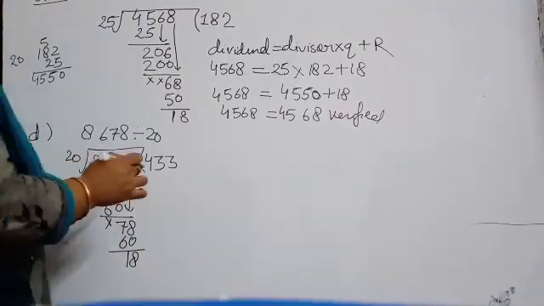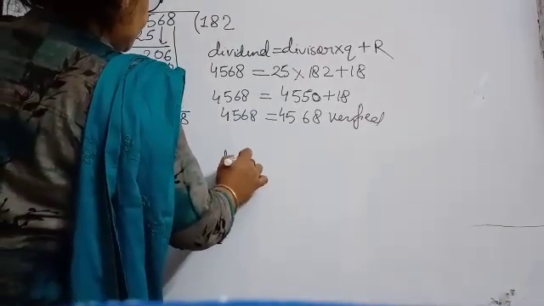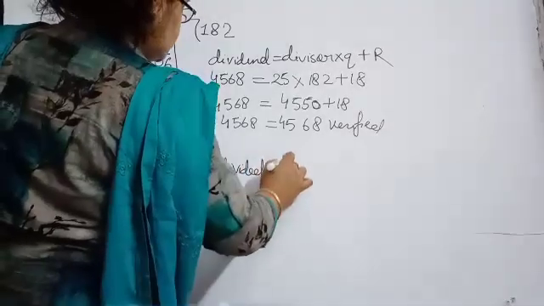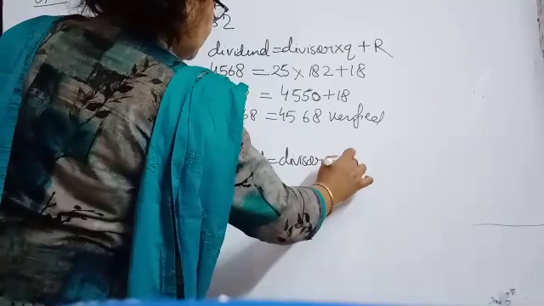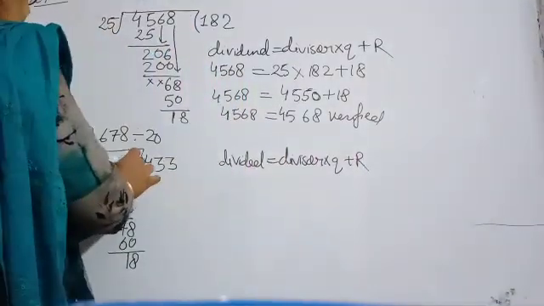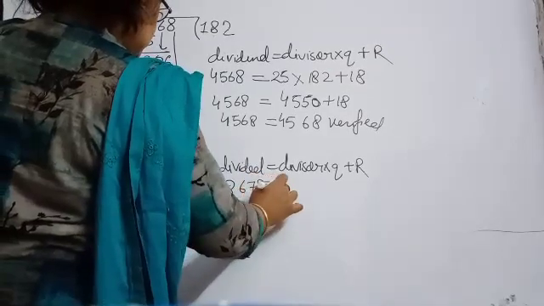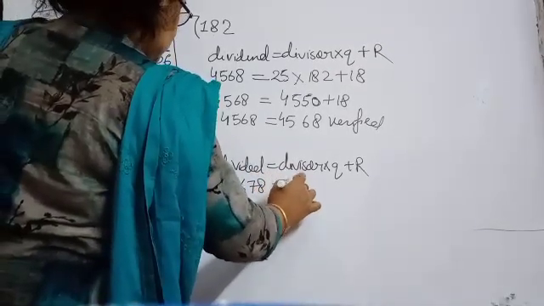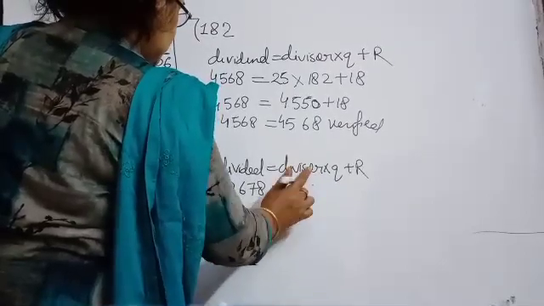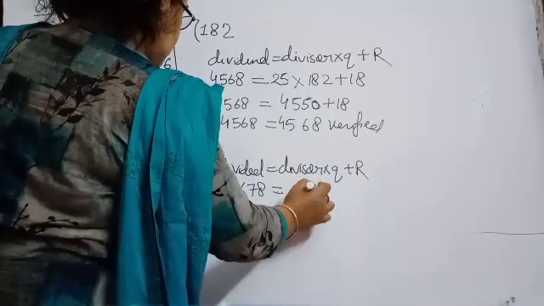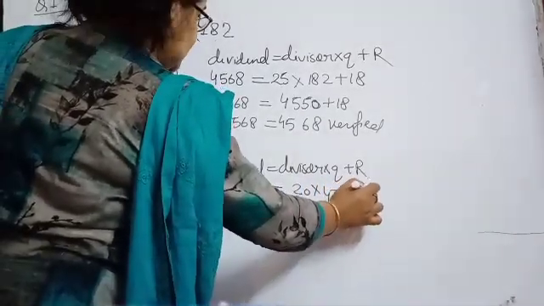So again, always write the formula first. Dividend is equal to divisor into quotient plus remainder. Dividend, how much? 8678 is equal to divisor 20 into 433, the quotient, plus remainder 18.